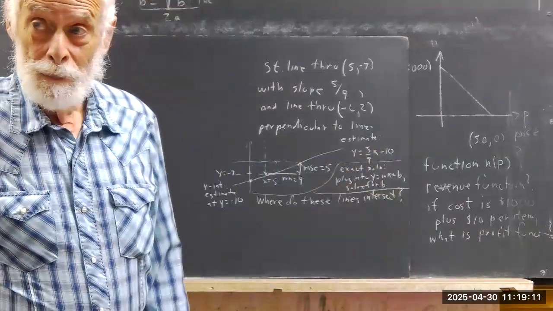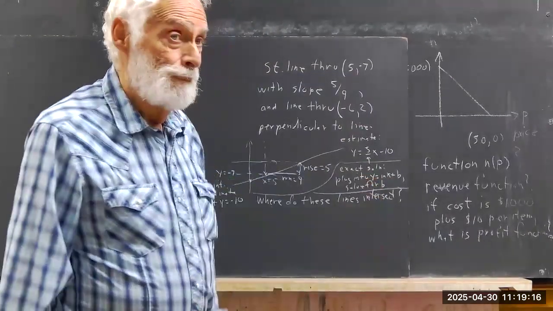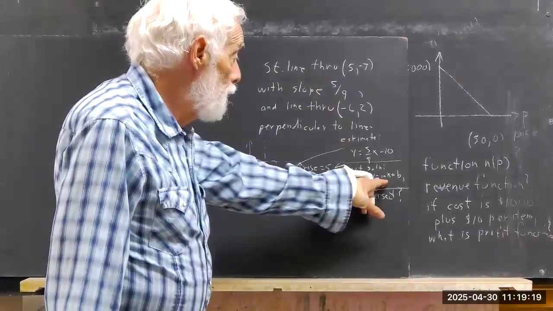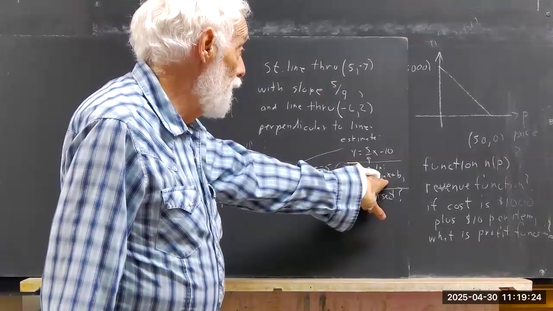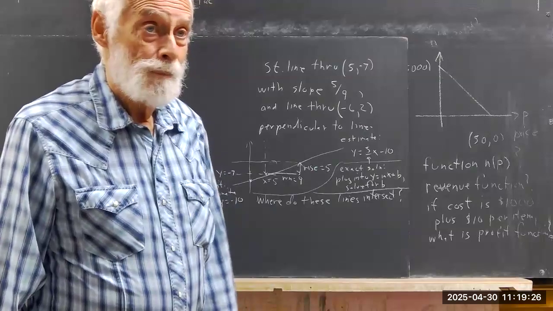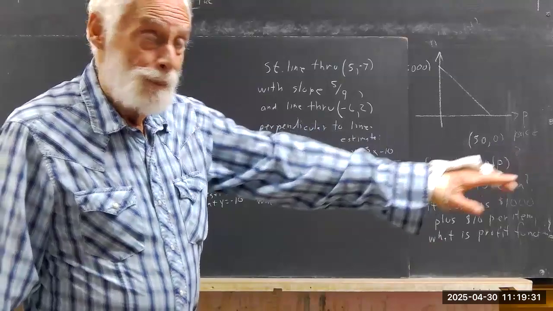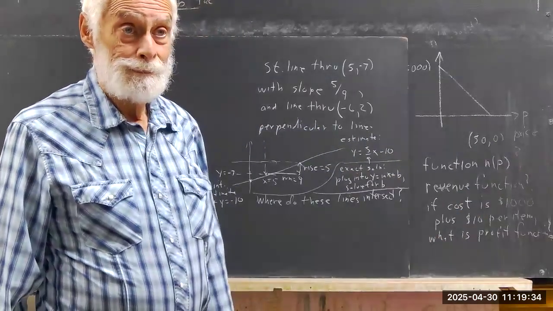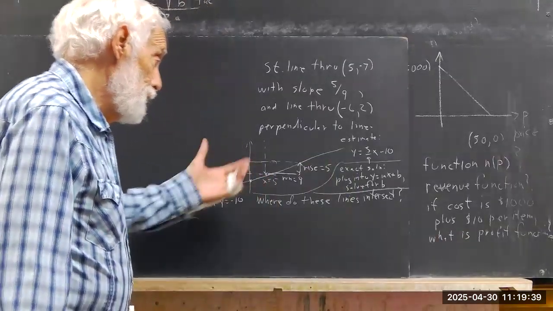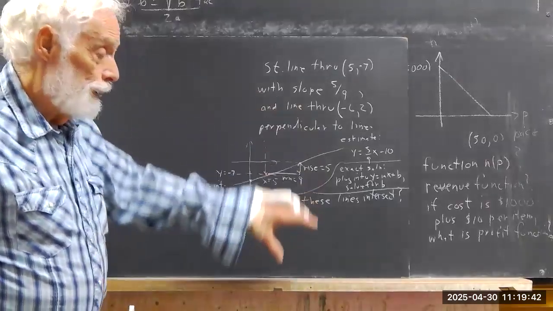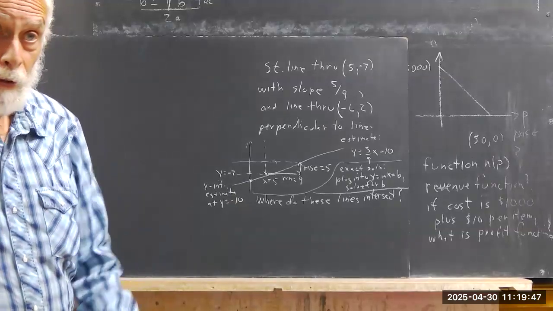I'm not going to write it down, but I'll tell you. You're going to plug in the x and y coordinates for x and y. You're going to plug in 5/9 for m, and you're going to get -7 equals 5/9 of 5 plus b. You have a denominator in that equation, so you multiply both sides by that denominator, and then it's really easy to solve for b. Okay? If you need to review what I said, that's fine. As I say, I can't take time to write everything down and work everything out. We're just trying to touch on the main things.